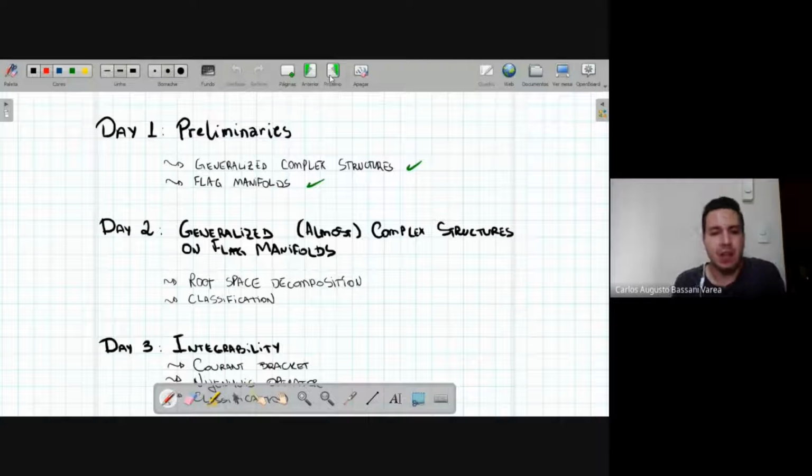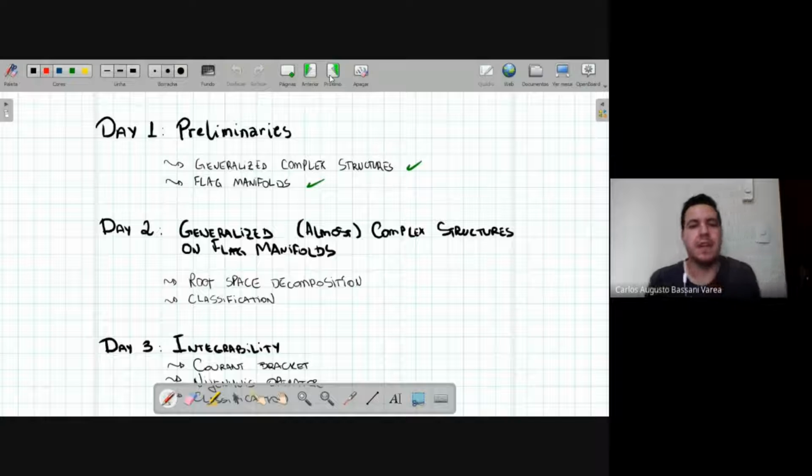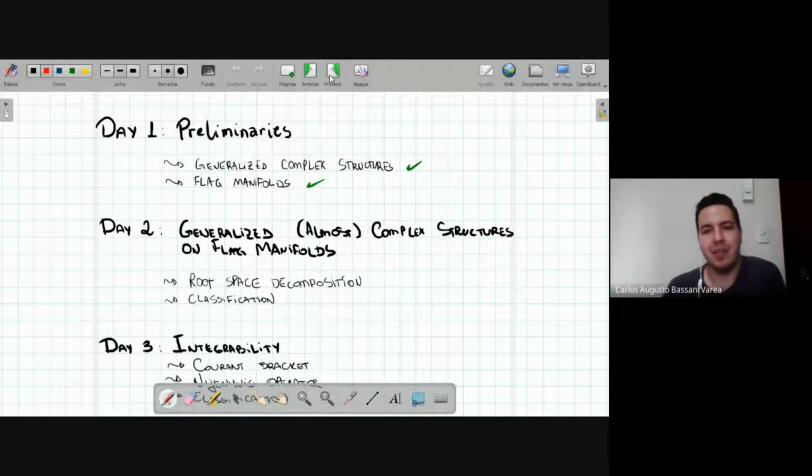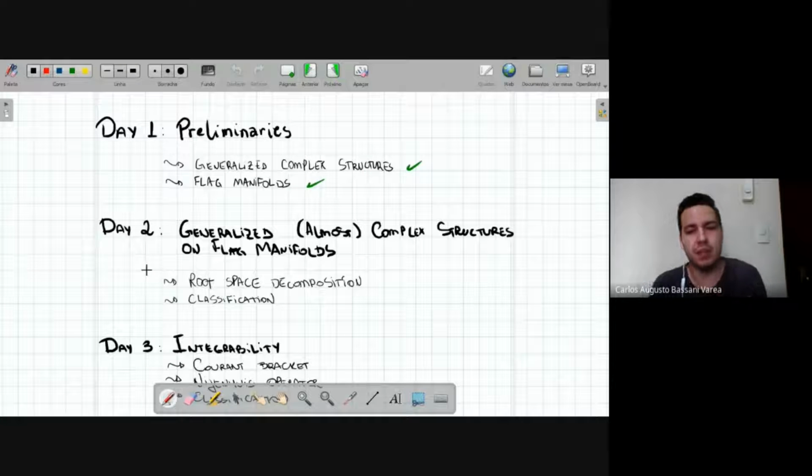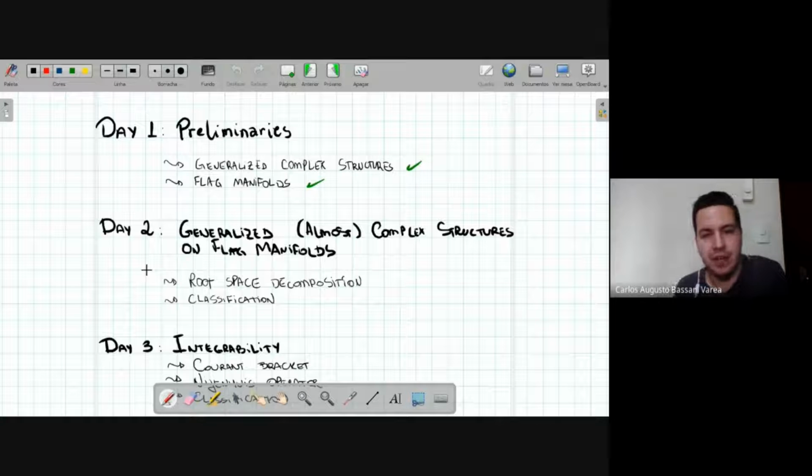Okay, and today the idea is to study the generalized complex structures, well, the generalized almost complex structures on flag manifolds. So we will see that we have some kind of root space decomposition in these structures, and then we will classify them, well, at least the almost.